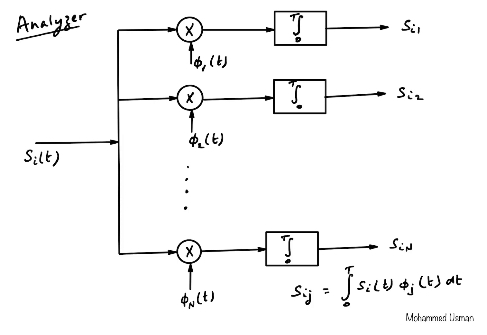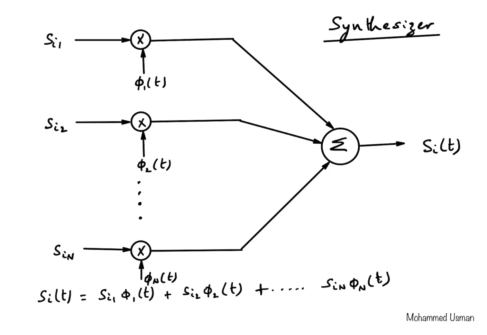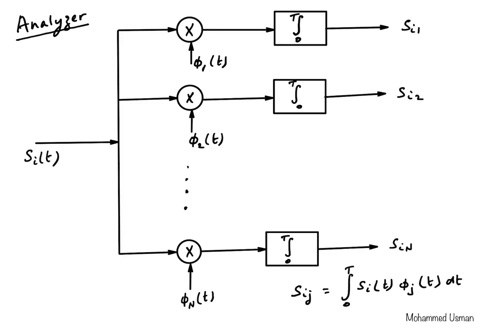This block diagram depicts the analyzer, just as the previous one depicted the synthesizer equation. That equation is the synthesizer equation, where we can synthesize our signal using the vector elements and the basis functions. The opposite, which is to split the signal into the vector elements using the signal and the basis functions, is called the analysis, and the block diagram depicting the process is called the analyzer, and the corresponding equation is called the analysis equation or analyzer equation.